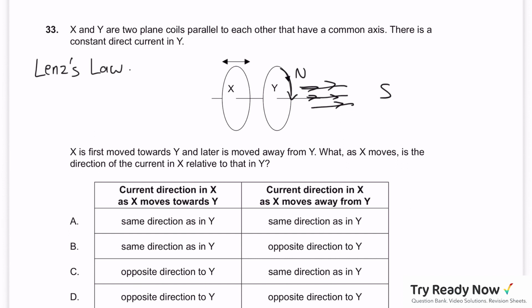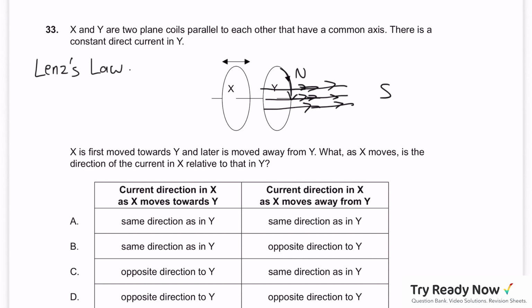And now we have the plate X. X is moving towards it and away. And we have to determine whether the current direction is the same as Y or not. So if we move X towards Y, we're actually passing through this magnetic field. And what Lenz's law says is that as there's a change in magnetic field, that induces a current. And the current direction will be whatever direction opposes that change.